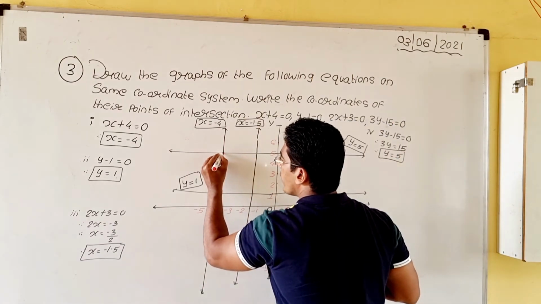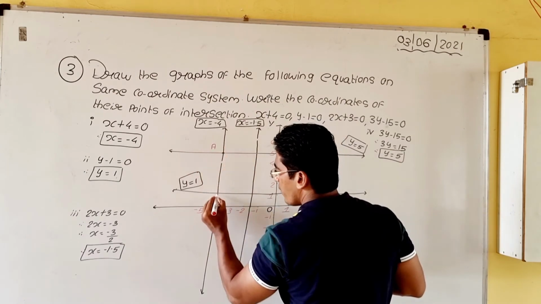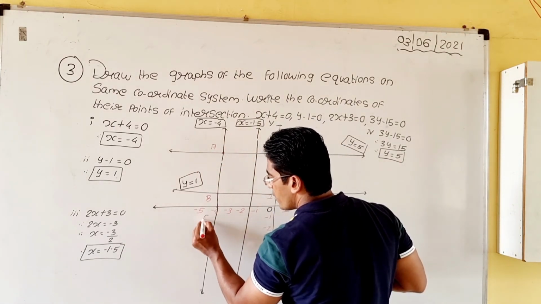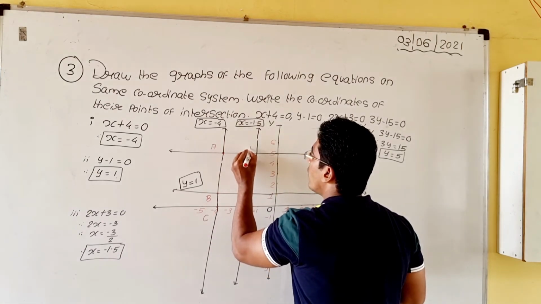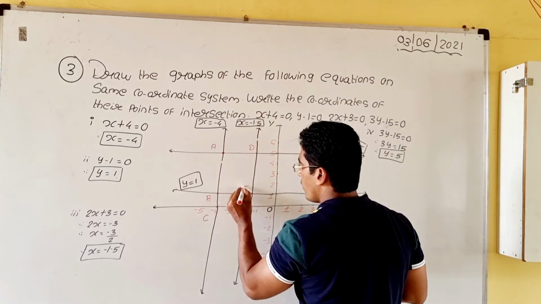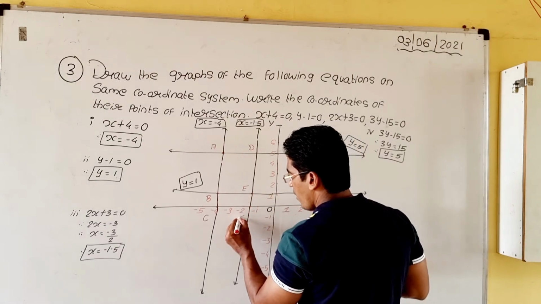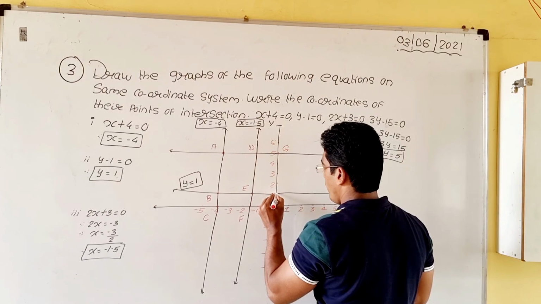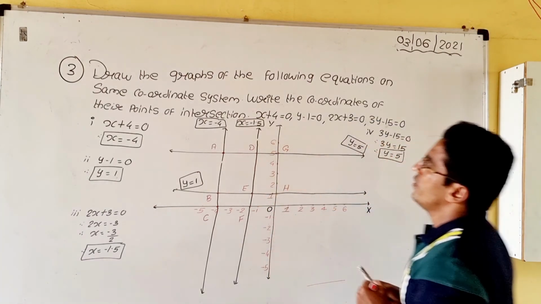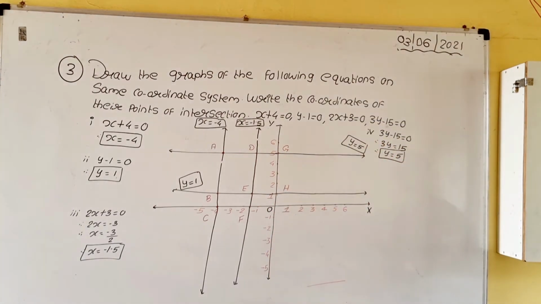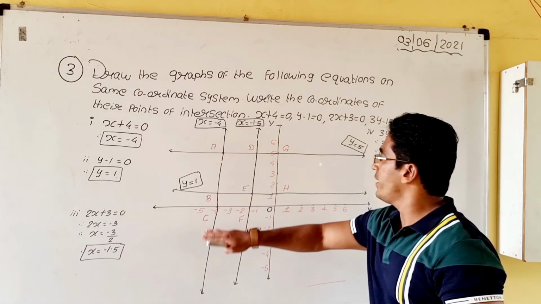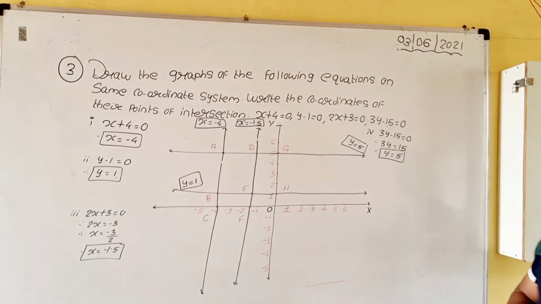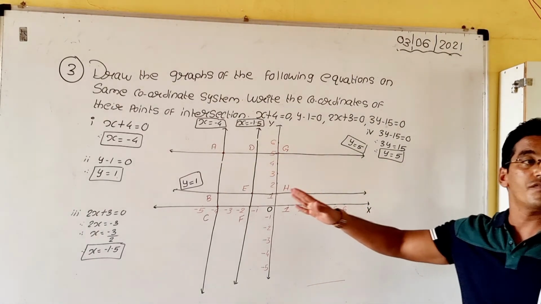Suppose this is A, B, C, D, E, F, G, H. So what I have done, I have named the points starting with A, B, C, D, E, F, G and H. Now we have to write the coordinates of these points.